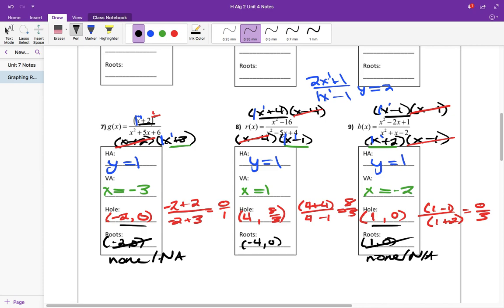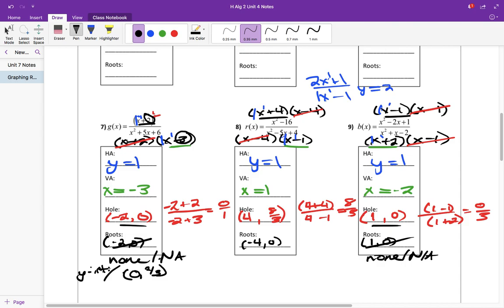One thing that we didn't include in any of these was the y-intercept. If we want to talk about y-intercepts, it's not too hard to do. For y-intercepts, you just look at whatever your remaining constants are. So for this one, 2 over 3, so you'd have a y-intercept at 0 comma 2/3.